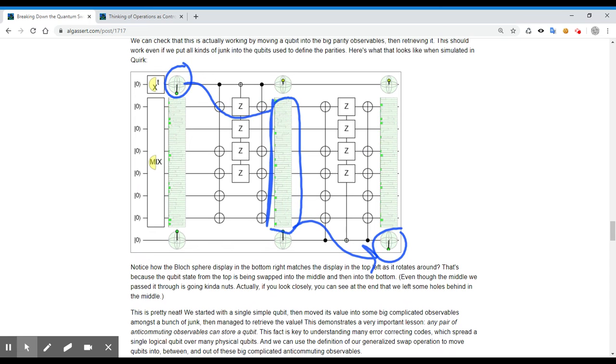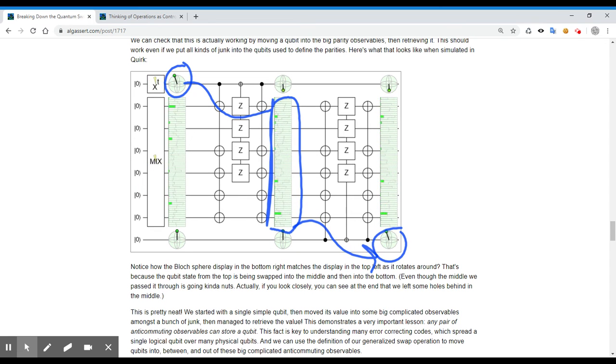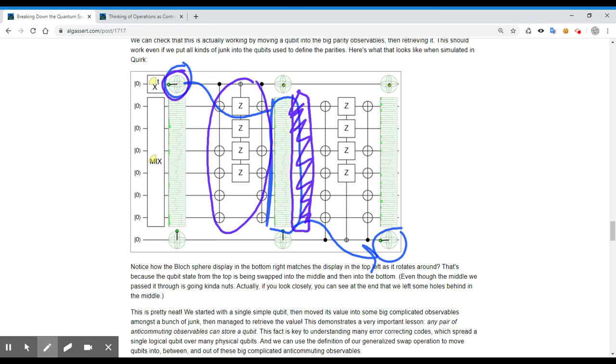That's pretty abstract, but I think I get what Craig is saying, that you can swap a qubit. So you're literally encoding one qubit into these qubits in here, and you're actually encoding those parities into one qubit, in a way that you can retrieve it back if you know how it's been encoded.